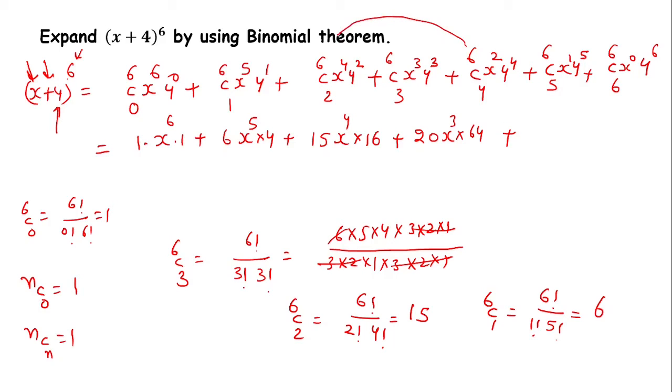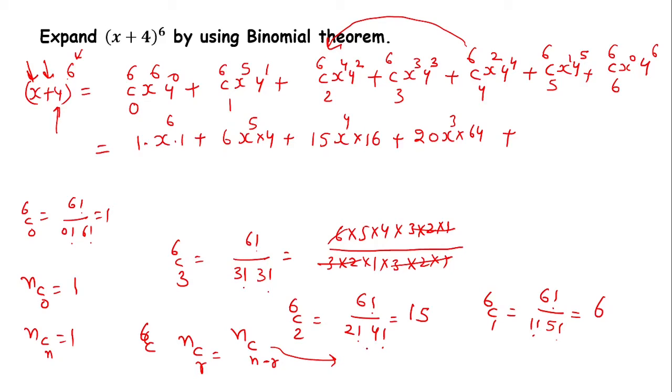6c4 is equal to 6c2. My dear, let me tell you one more formula. The formula is nCr is always equal to nC(n minus r). I repeat, nCr is equal to nC(n minus r). Let me take one example.